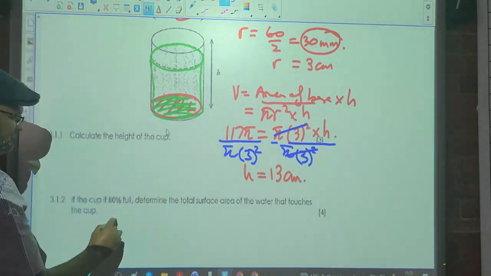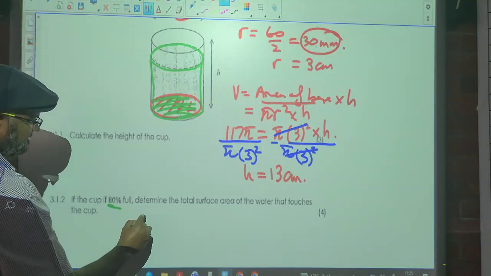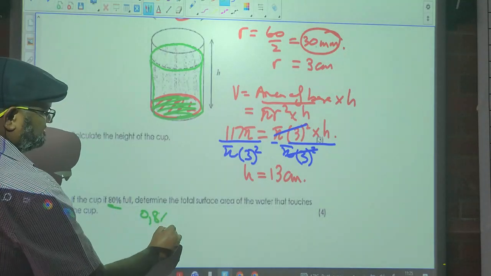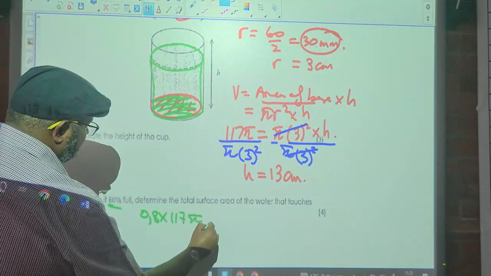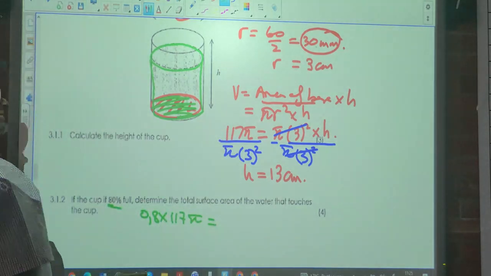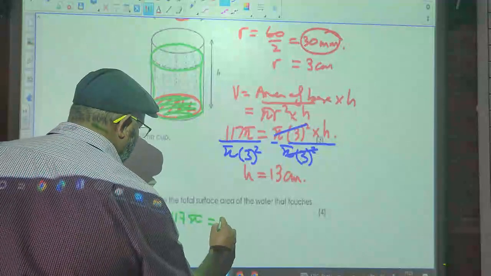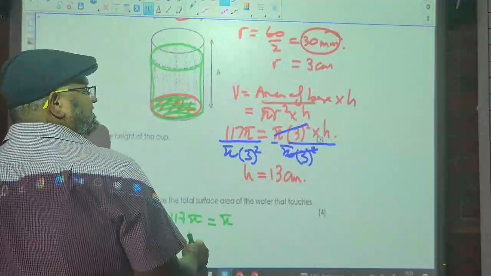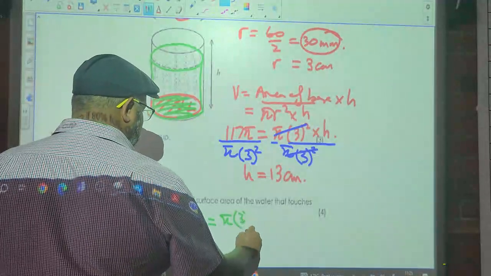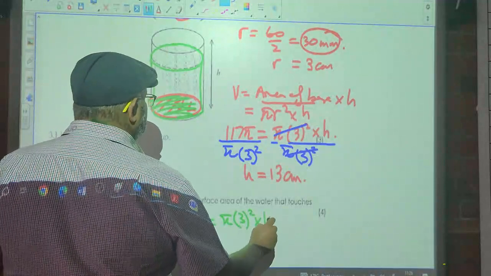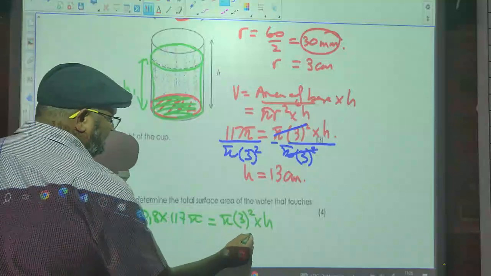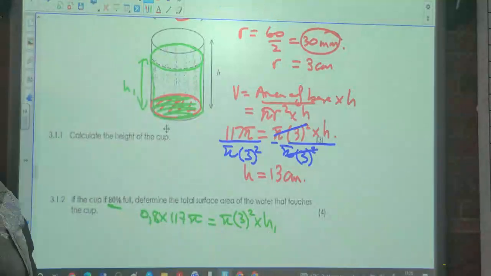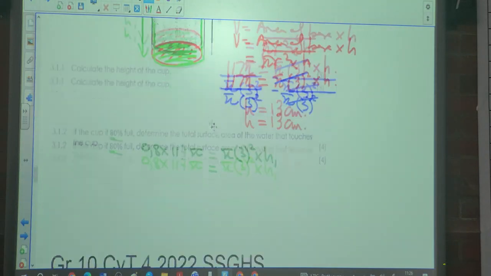If the cup is 80% full, 0.8 times the volume, which is 117 pi, is equal to pi times radius, which is 3 squared, times height. This is the height that we're calculating. This height is called H1, or the second height H2, whatever. I don't want you to get confused with those two.